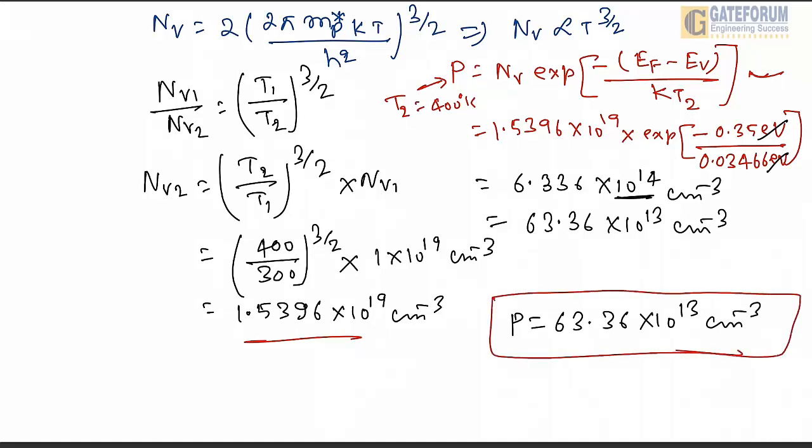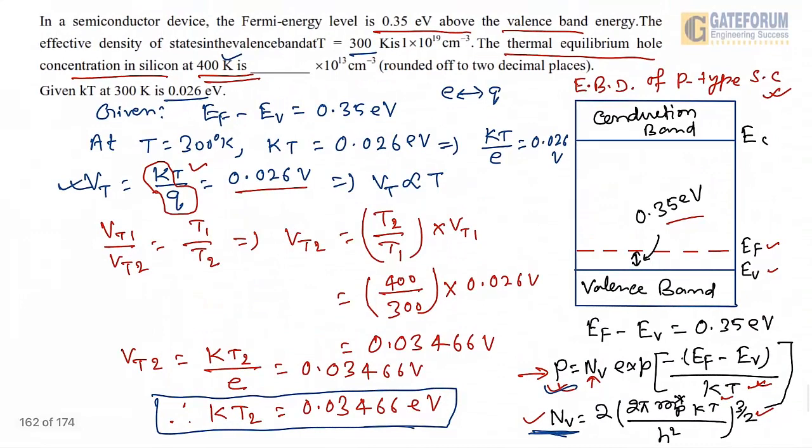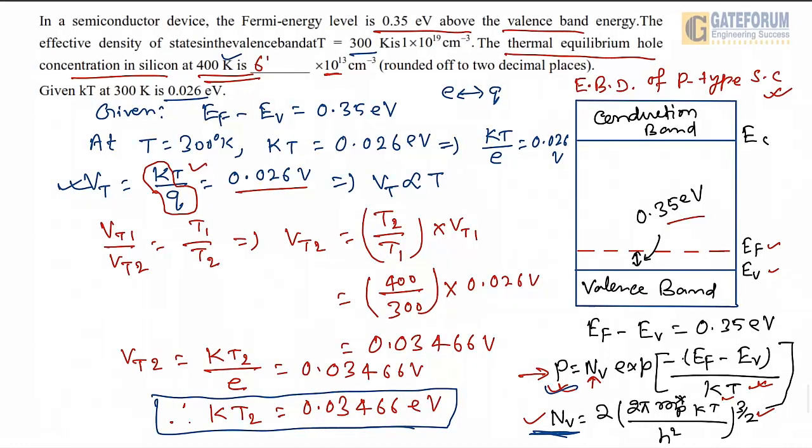As this question is a numerical answer type, the numerical value for this question is 63.36, since the 10 raised to 13 is already mentioned in the question. So the final answer for this question is 63.36 as the numerical value, and this is the end of the explanation for this question.